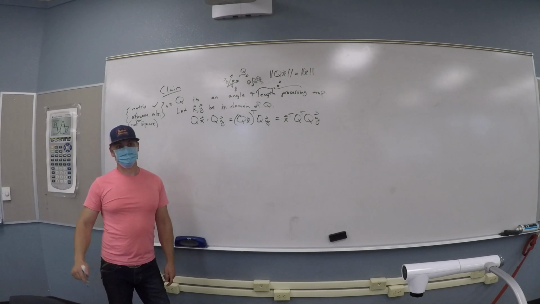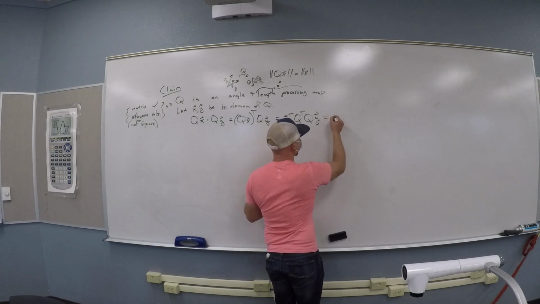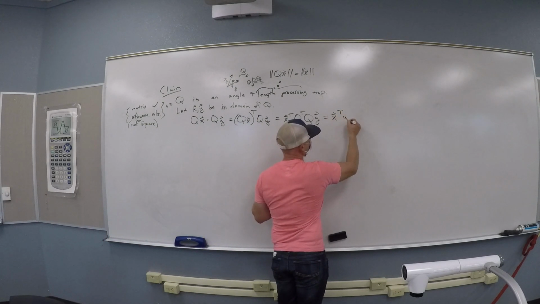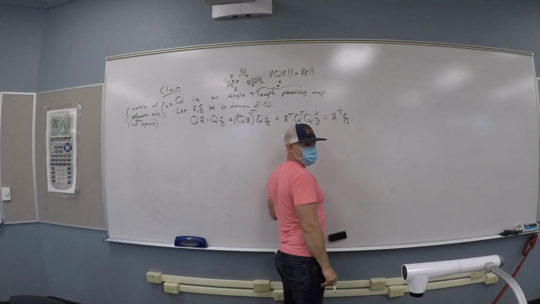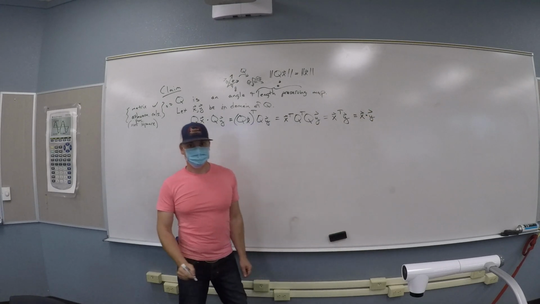Q transpose Q is the identity. Good. So this is X transpose Y, which is another fancy way of saying X dotted with Y. You guys see that?